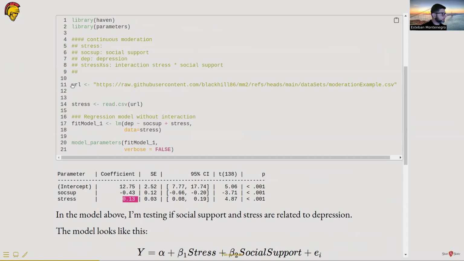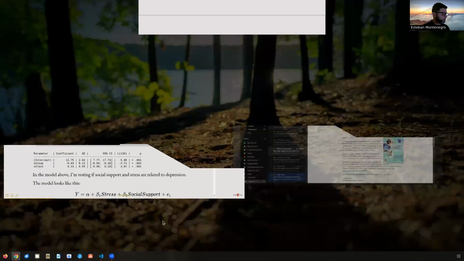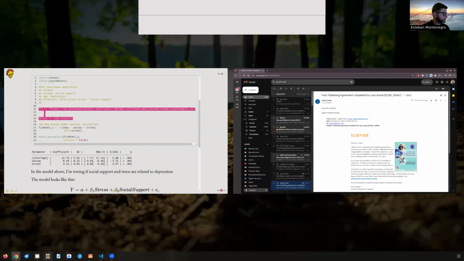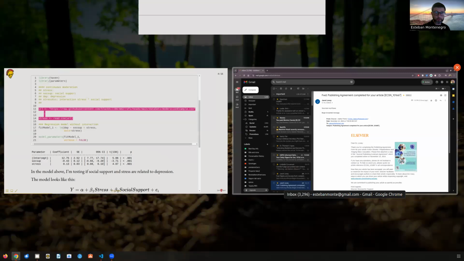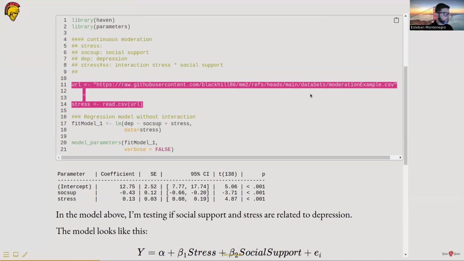I don't remember. Let me double check that very quickly. Let me just copy this into RStudio. 1 second here. Because I don't remember if I standardized the distribution, and we will find out.